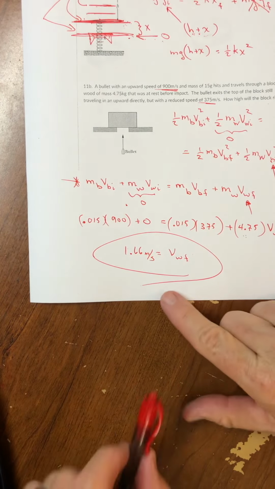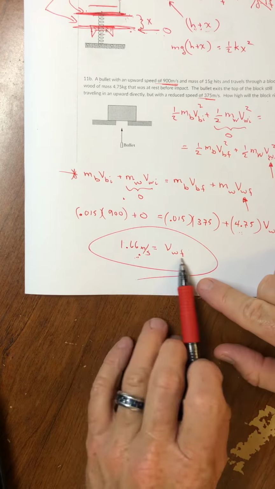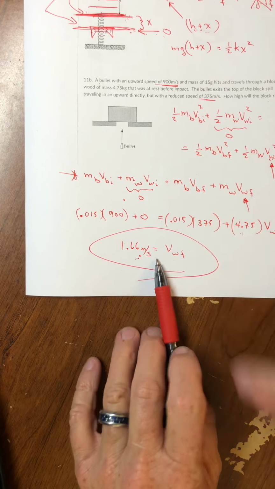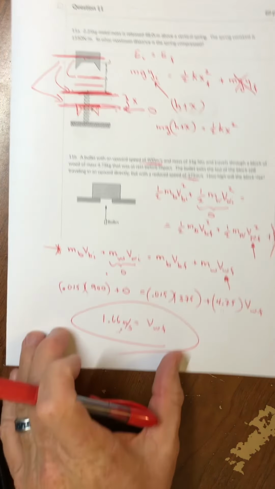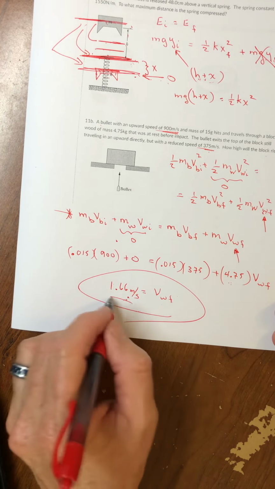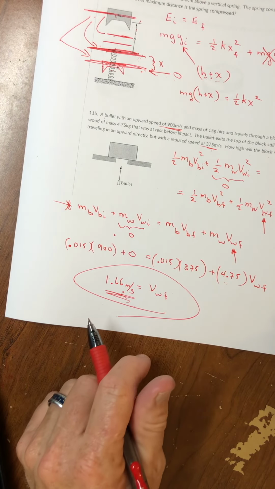So the bullet keeps going really, really fast. And the block then kind of jumps up. So the block is going incredibly slow compared to the bullet. But the block's got some speed, and it's going to jump up to some height.